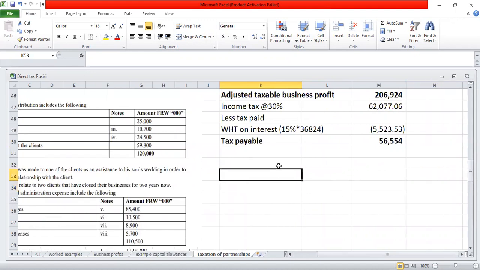Okay, distribution of income, but it was not asked, distribution of income to partners.